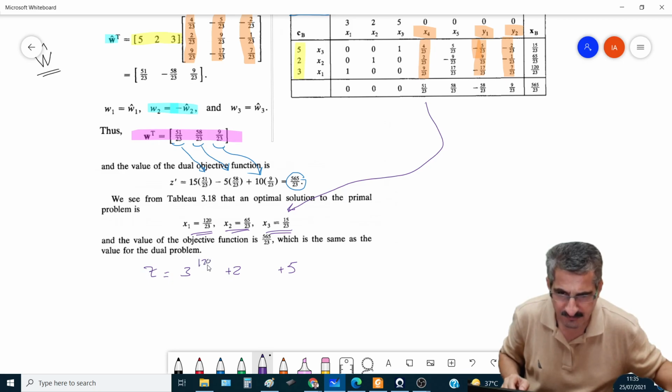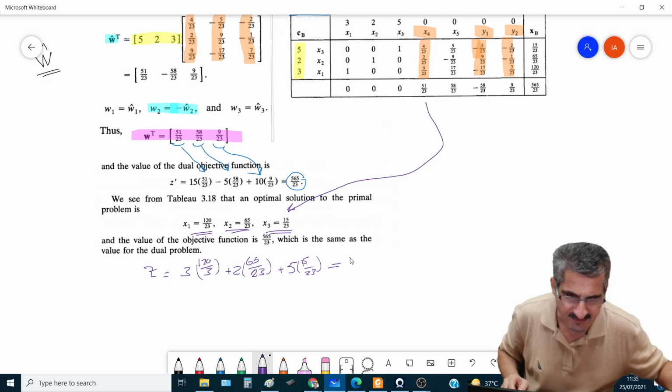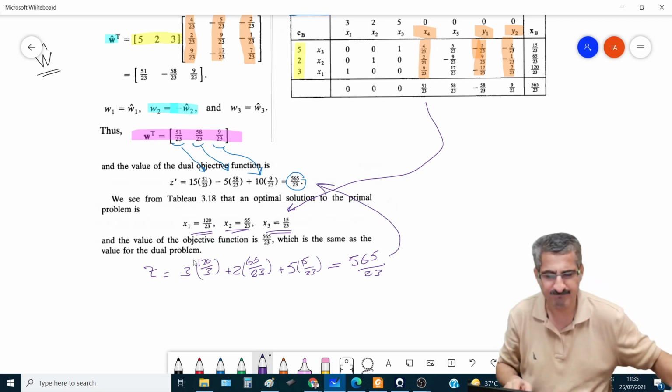This is all multiplications, and it must give us the same value, which is the same as that one.